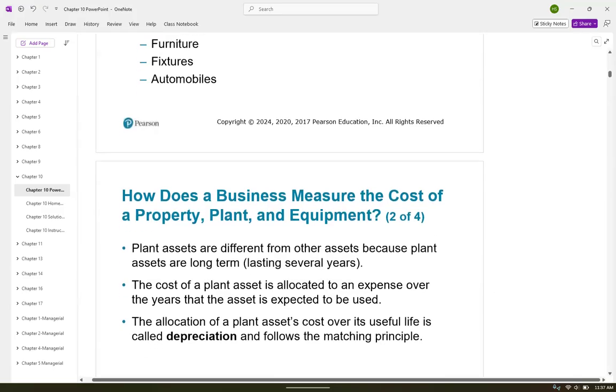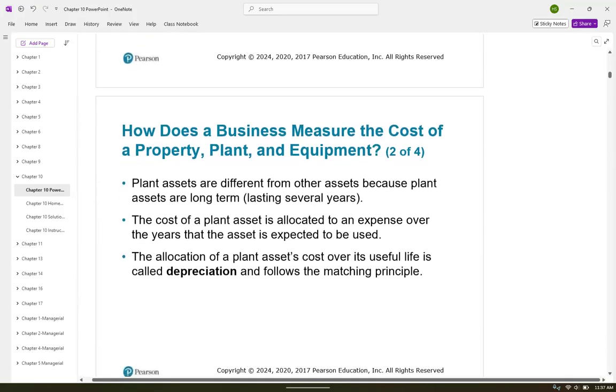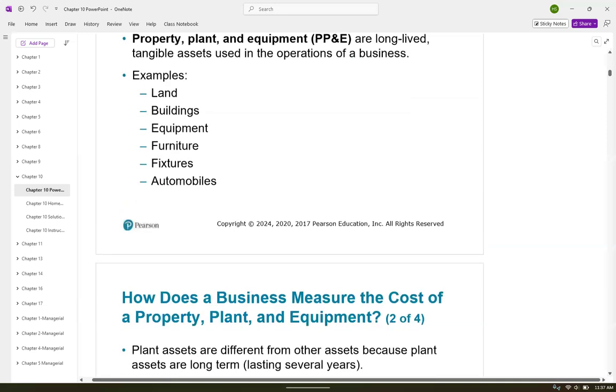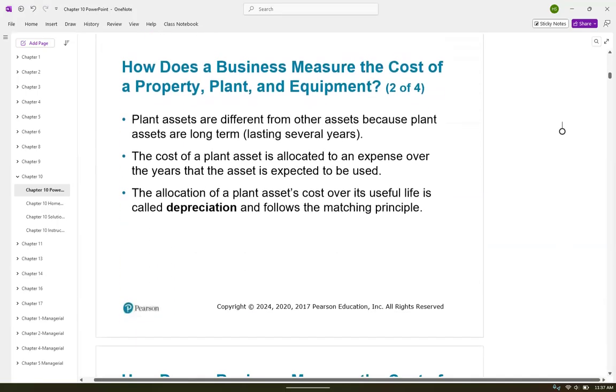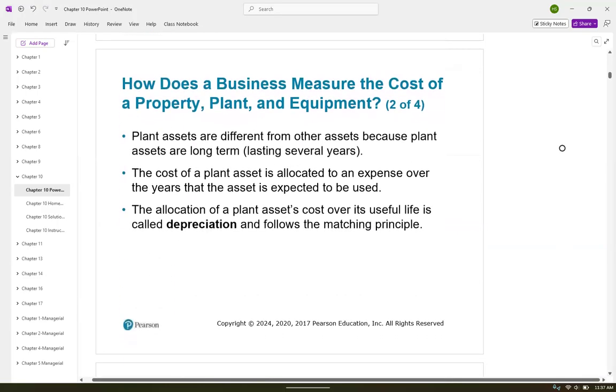We're also going to depreciate these items. Now, remember, we do not depreciate land. We will depreciate everything else under property, plant, and equipment, but we will not depreciate land. And we do that because we want to follow the matching principle. So think about if Walmart purchases a building in year one and they're going to gradually use that building over the next 30, 40 years, it wouldn't make a lot of sense to expense the cost of that building in the very first year, right?